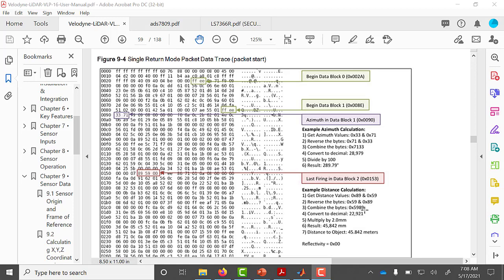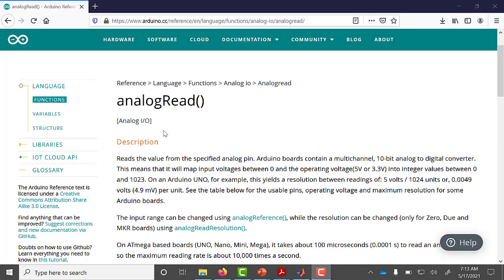So it's going to look like 5989 hex, and when you convert that to decimal, you get 22,921. With the 2 millimeter resolution, when you multiply 2 millimeters by 22,921, that gives you about 45,000 millimeters, or 45.842 meters. So from a fixed point perspective, that's what the data means.